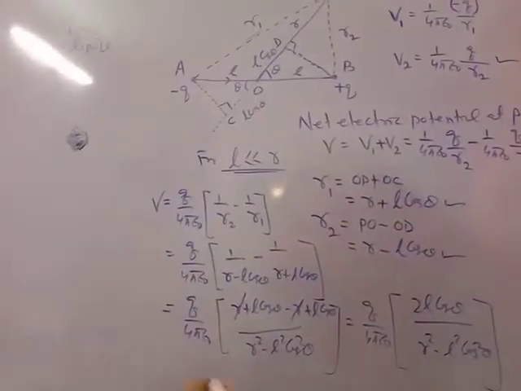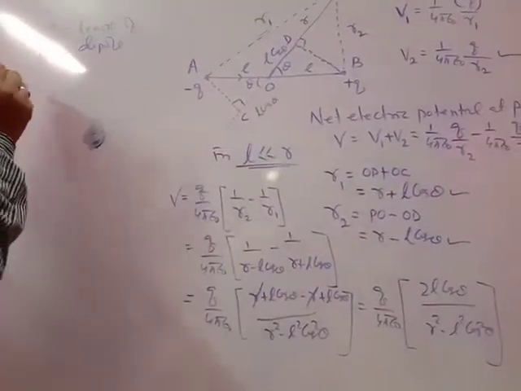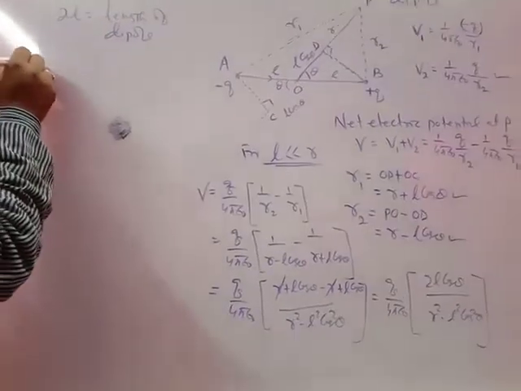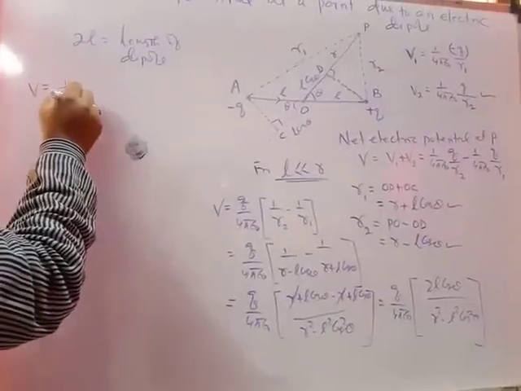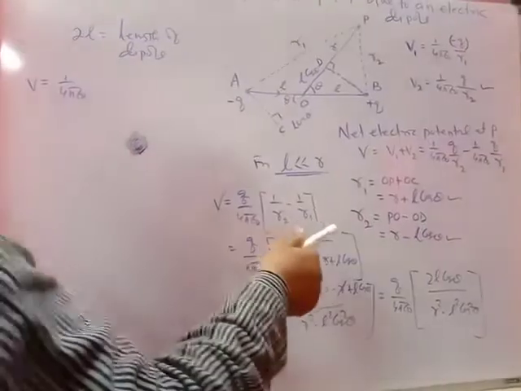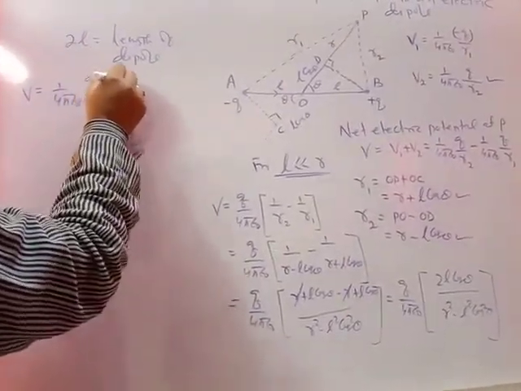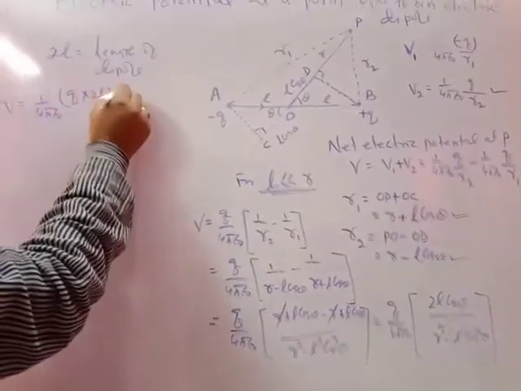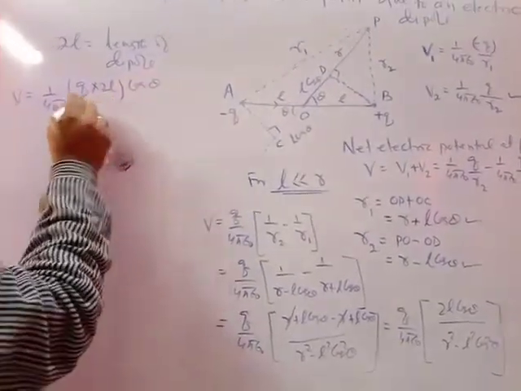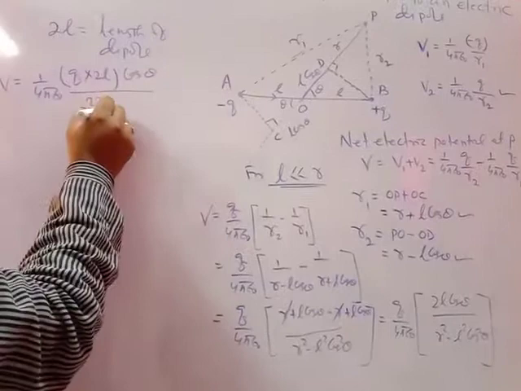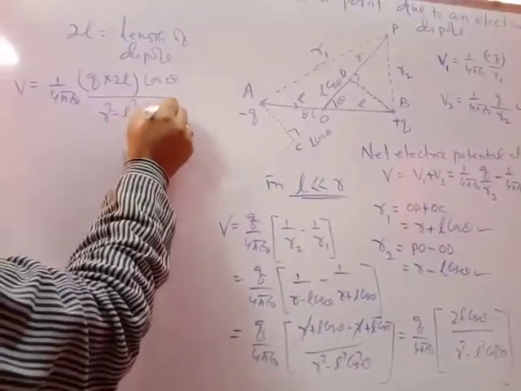Now the further step is, you are finding V equal to 1 upon 4 pi epsilon naught, Q into 2L, I am keeping it here, and cos theta upon R square minus L square cos square theta.